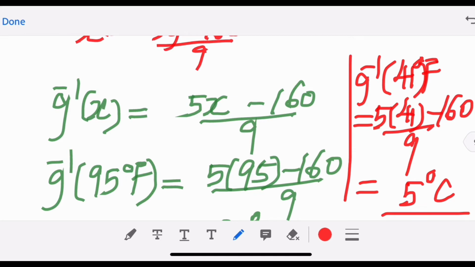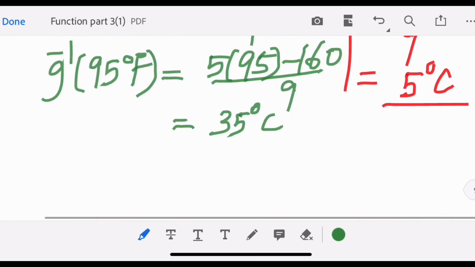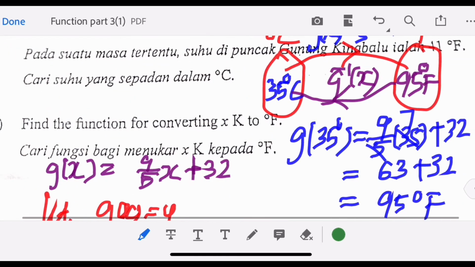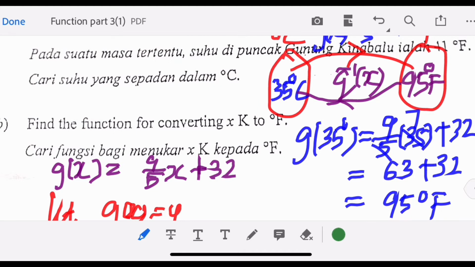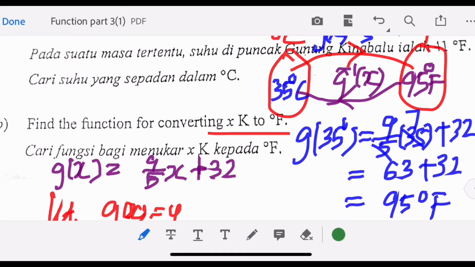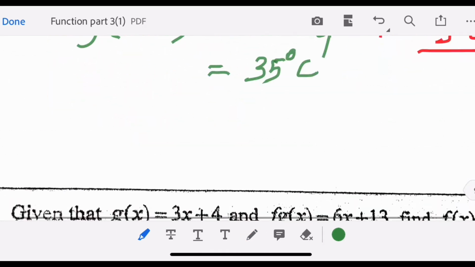Okay, so now we will proceed to the next question. We haven't finished this question. Find the function for converting Kelvin to Fahrenheit. Kelvin to Fahrenheit, right? So let's see, okay, let me find a space.